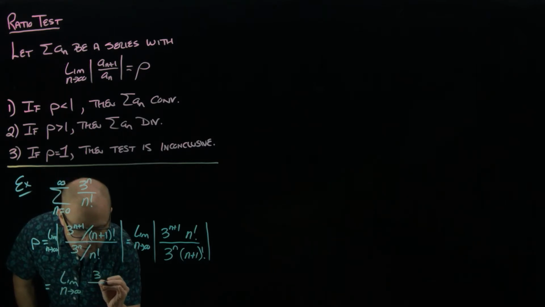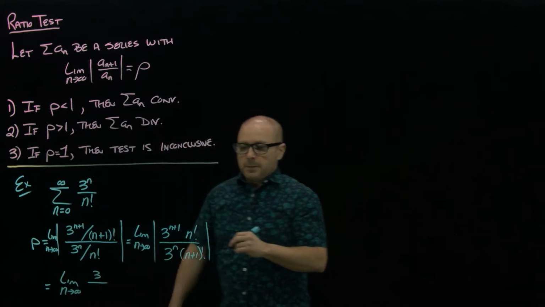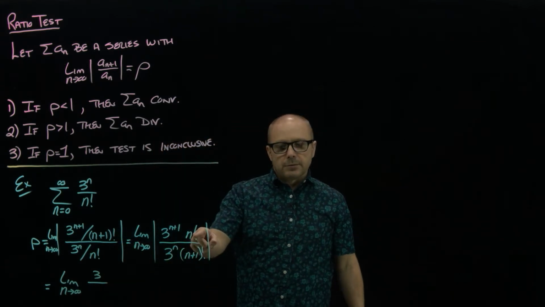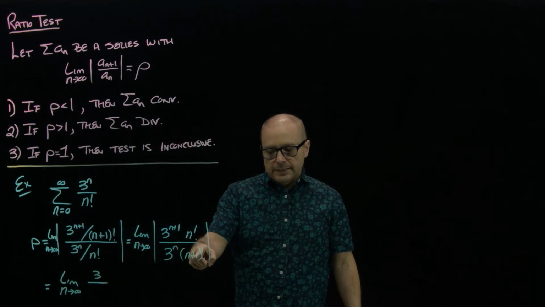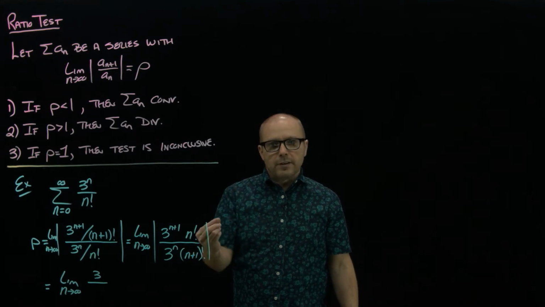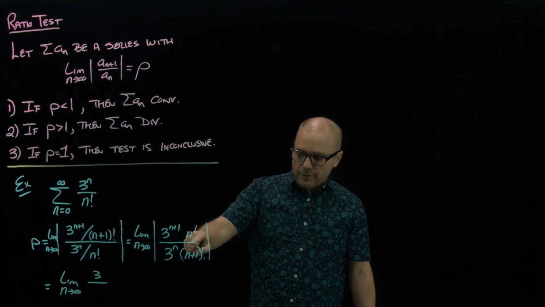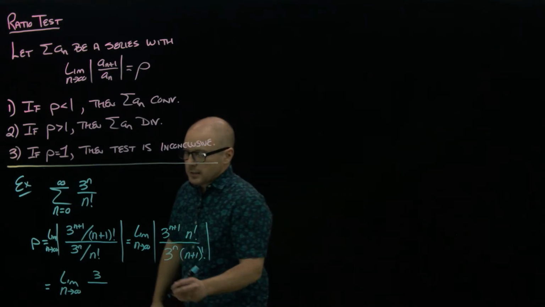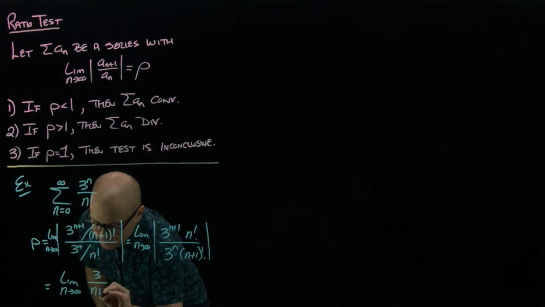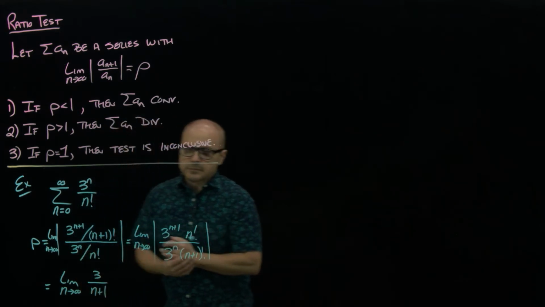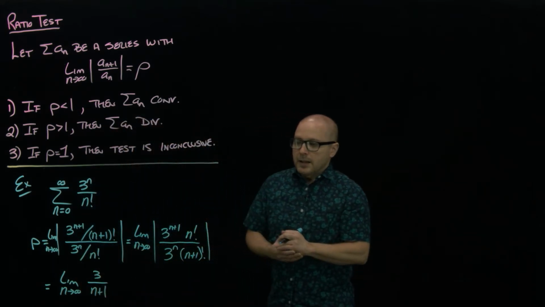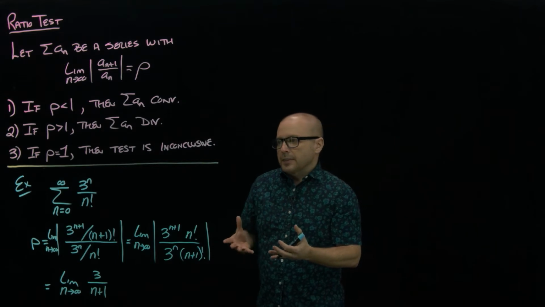And your factorials, this is 1 times 2 times 3 times 4 all the way up to n. This is the exact same thing, but it goes one factor more, right? It goes up to n, then n plus 1. So all the factors of n factorial cancel, leaving just the n plus 1. And that's actually one of the things to look for.